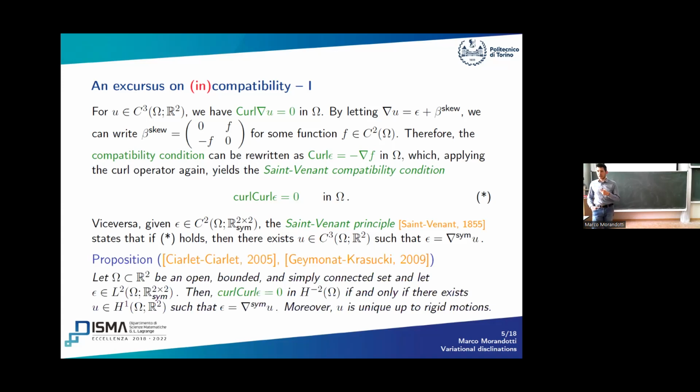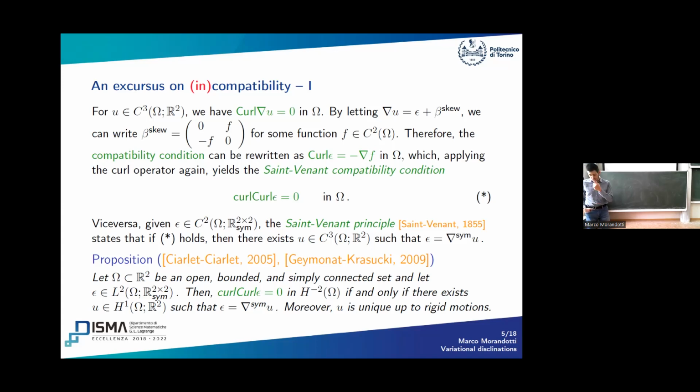And this principle can also be translated and is proved to hold in a weaker, variational setting. This can be found in papers by Ciarlet and Ciarlet, or even in a paper by Geymonat and Krasucki, where they prove that in this setting the double curl of this matrix valued field epsilon is equal to 0 if and only if there is an H1 field whose symmetric gradient is precisely the epsilon that we are considering.